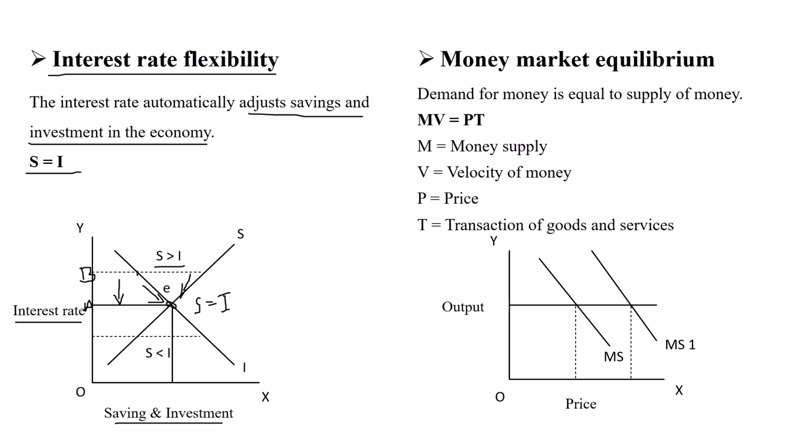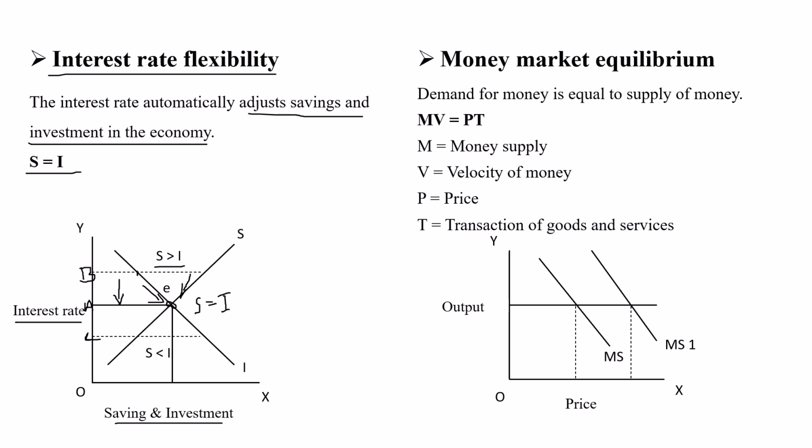And the same thing happens at the lower interest rate, the OC level. In this case, saving is less than investment. Of course, whenever the interest rate is low in the bank, we don't want to put our money in the bank.